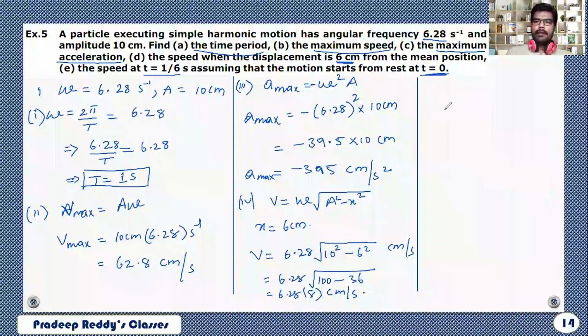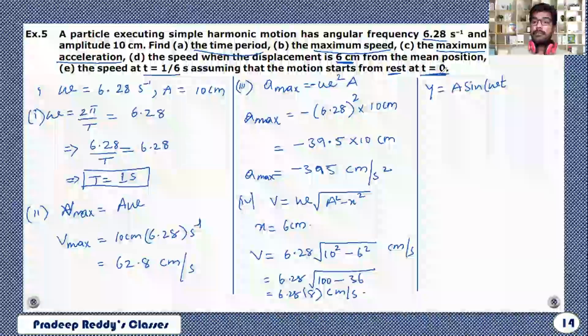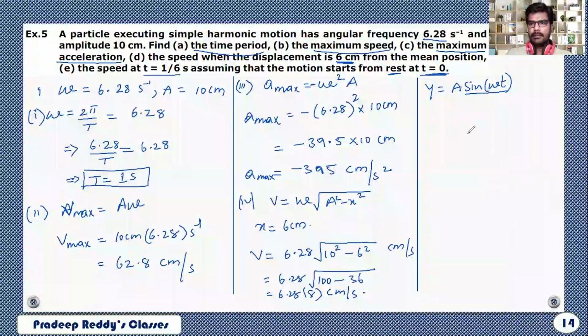Whenever a particle is starting from mean position at rest, you can give the displacement equation as y is equal to a sine omega t, because it is mentioned the particle is starting at rest when t is equal to 0. If the particle is starting at extreme position, then you should not take sine, you should take cos. According to the given condition, I am taking y is equal to a sine omega t, because the particle starts from rest at the mean position when t is equal to 0.